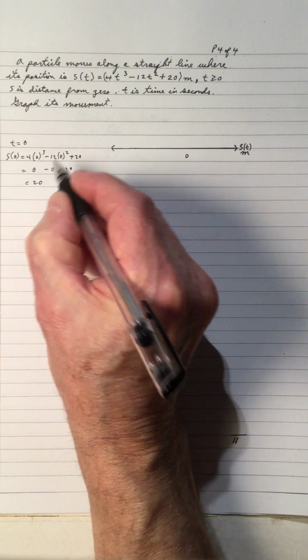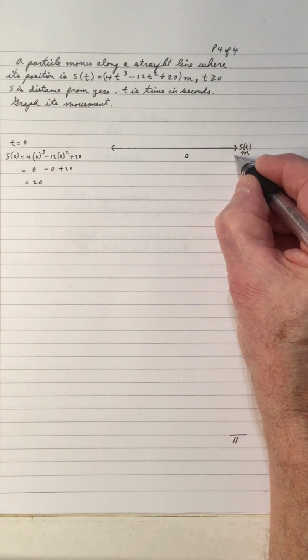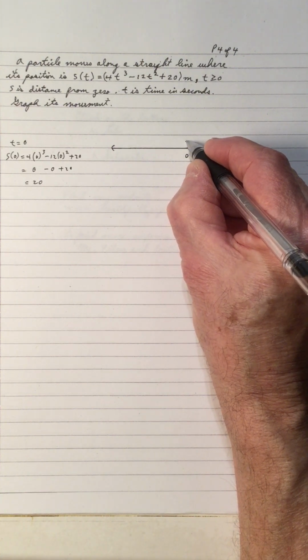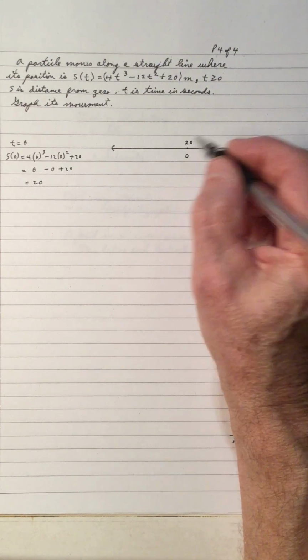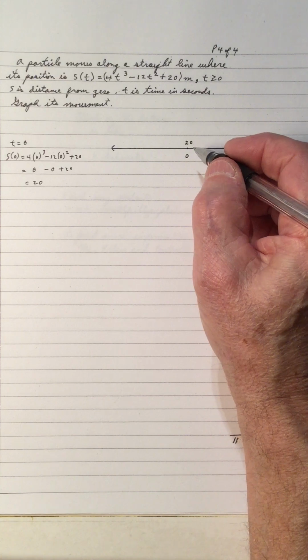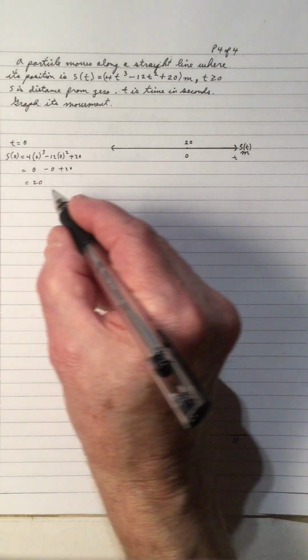That means this particle at 0 seconds is starting off at 20, right there. But what we don't know is whether the particle is going left or right. Remember, the particle is moving along a straight line. So let's look at what we call the derivative.